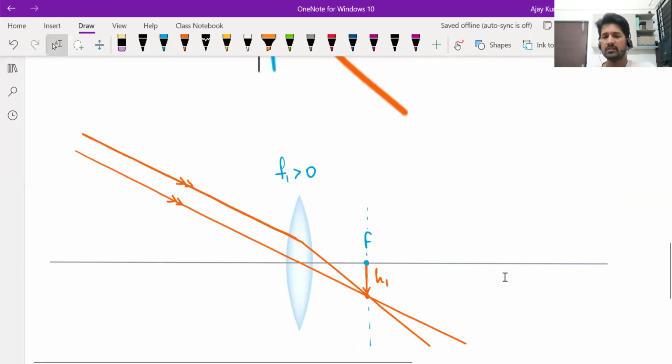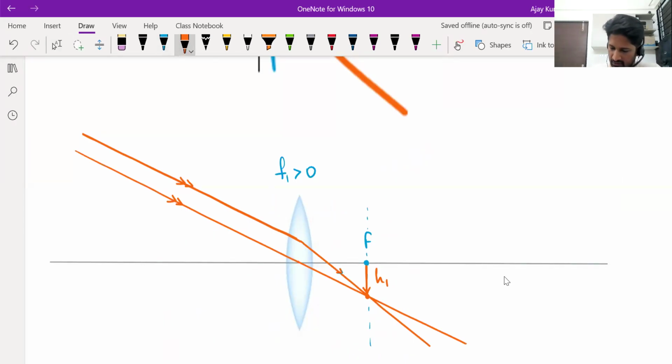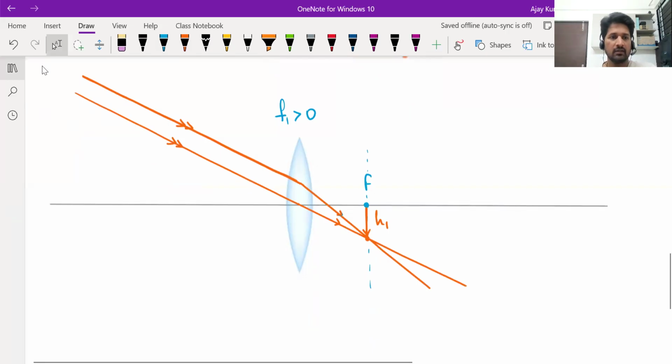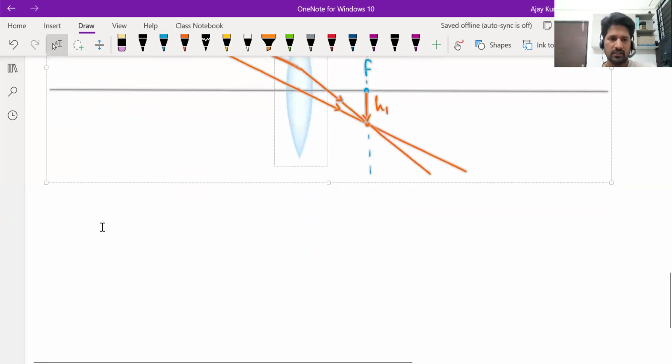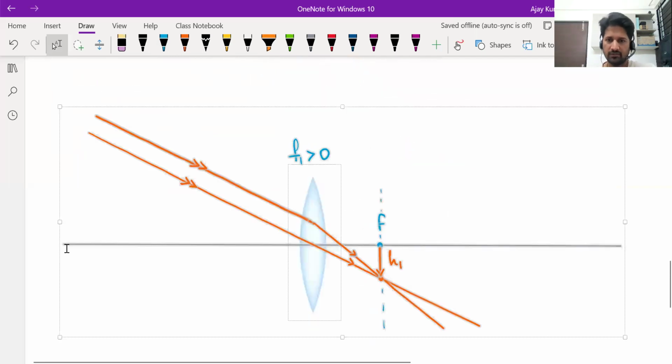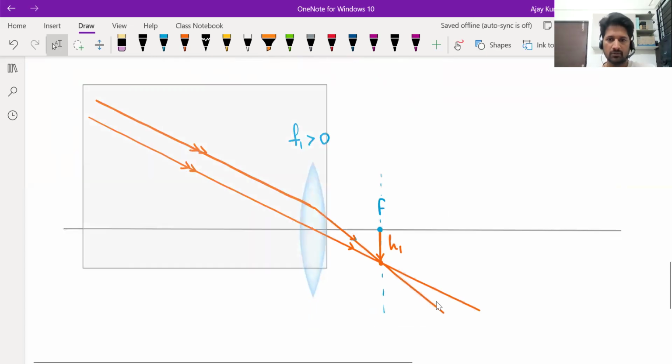Now we will enlarge this image further such that the rays finally subtend a large angle on our eye. And how do we enlarge this image further? We use another convex lens, another converging lens. Let's see what happens to this image now. The image formed by the first lens becomes an object for the second lens. So that is how we are going to consider it.